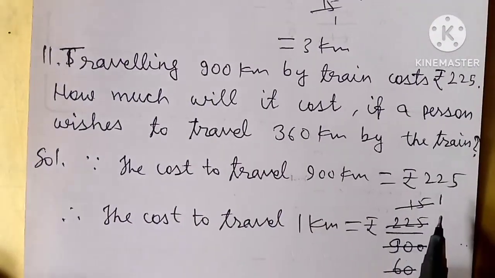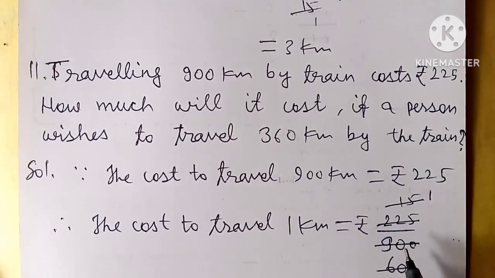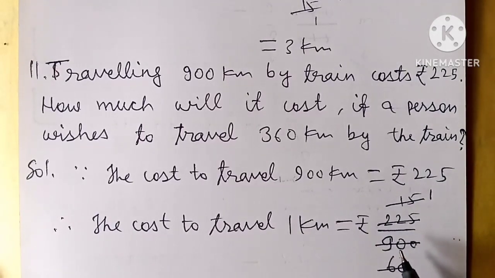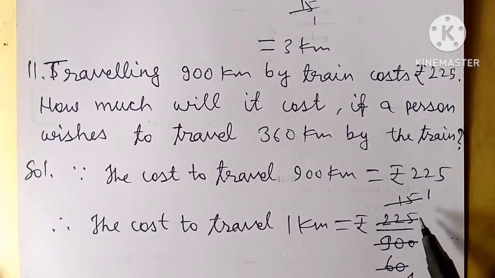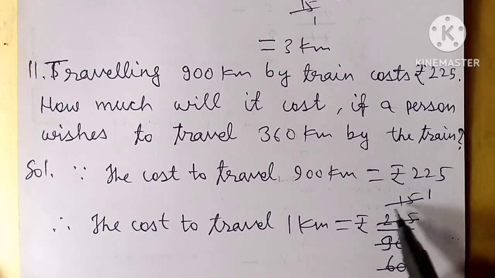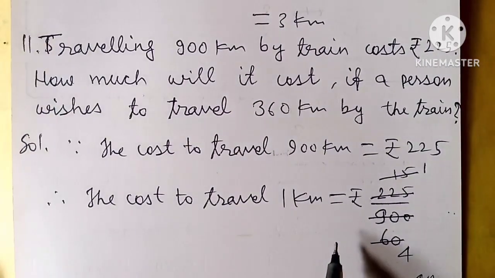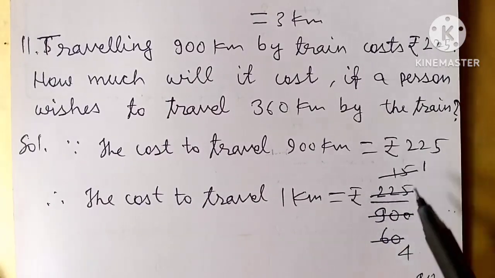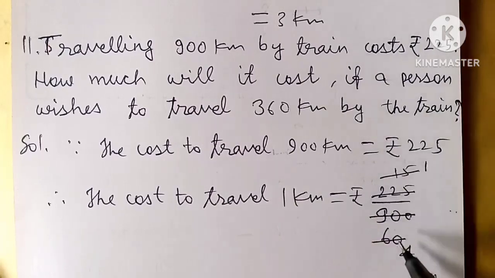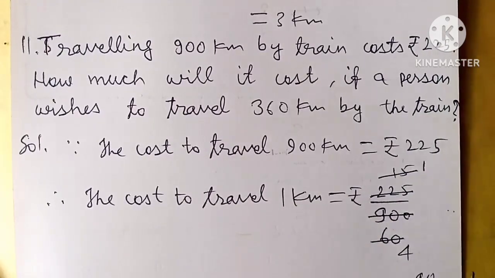So after cancellation by 15, 15 15s are 225, and 900 by 15, we have 15, 6 are 90, and 0 comes. Now we divide 60 by 15, so it is 4. So the cost to travel 1 kilometer is rupees 1 by 4.